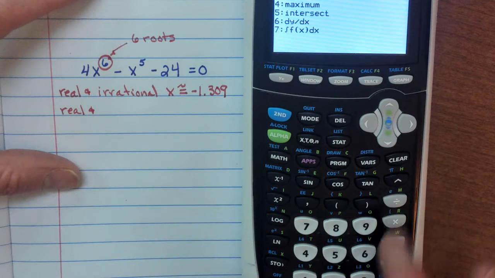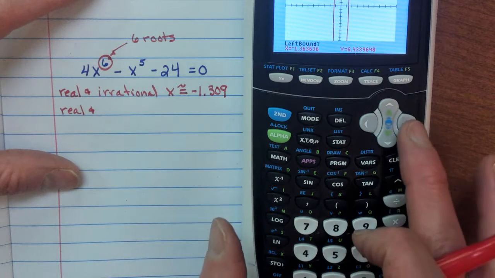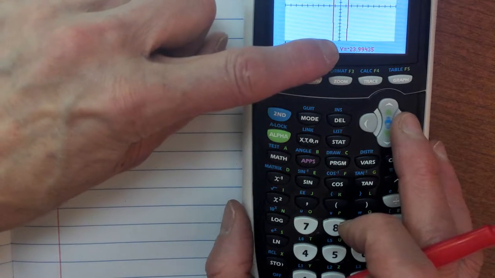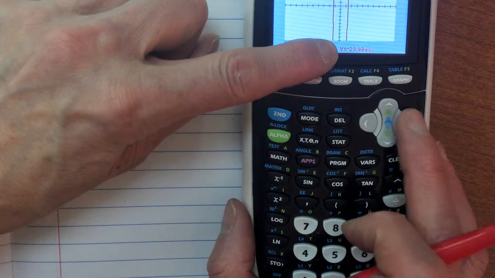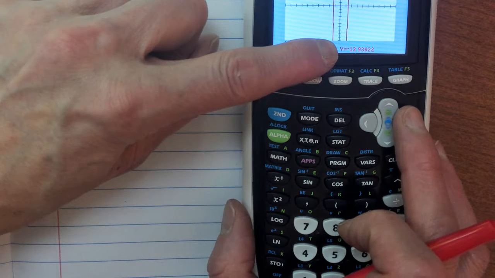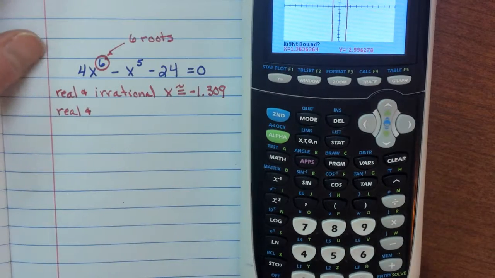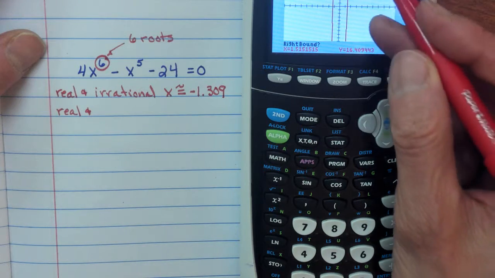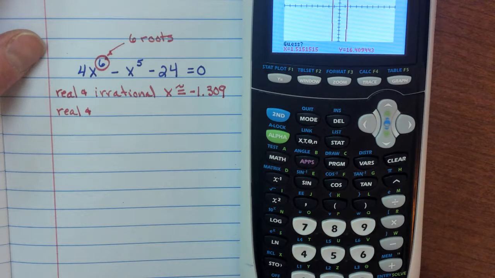Second trace, 0. I'm going to go to the left. I'm looking here. My y is way down at the bottom, so I'm waiting for it to come up to about negative 10. There we go. And then I'm going to go to the right of that point. You see y is at 16. It's way up here.